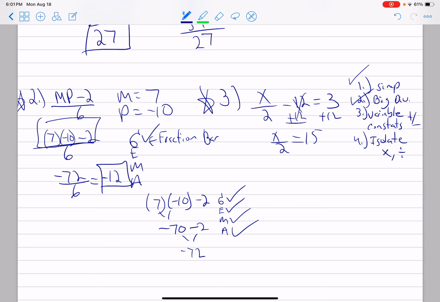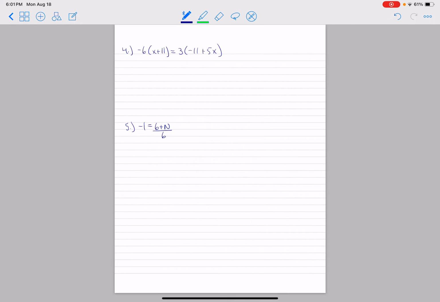Now my variables are all on the left. My constants are all on the right. So that looks good. So then finally I'm going to isolate my variable. This says X divided by 2. So to get rid of dividing by 2, I'm going to multiply by 2. Multiply by 2. Cancel. X equals 30. Bang, bang, bang.